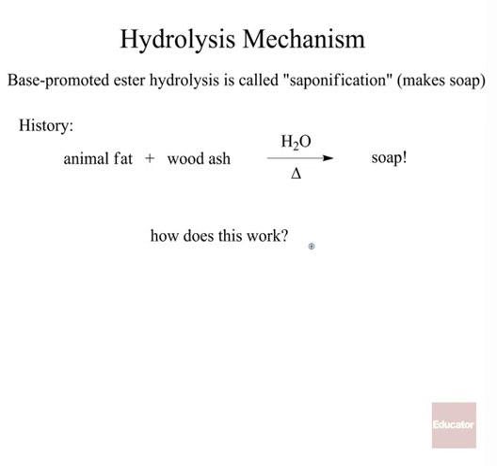It would be easier to wash clothes at the end of the week than it was at the beginning of the week. And so what was happening was the wood ash was coming from the wood that they were using to agitate, and the animal fats were coming from the clothes that we were washing. We're introducing more fats into the solution.